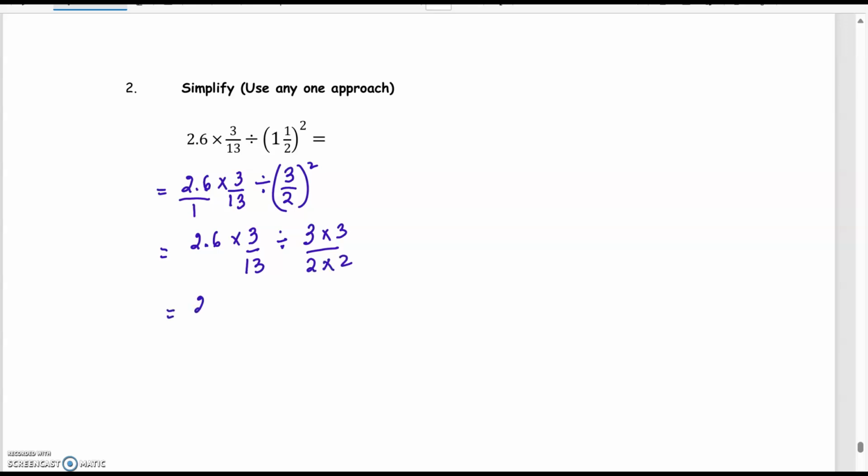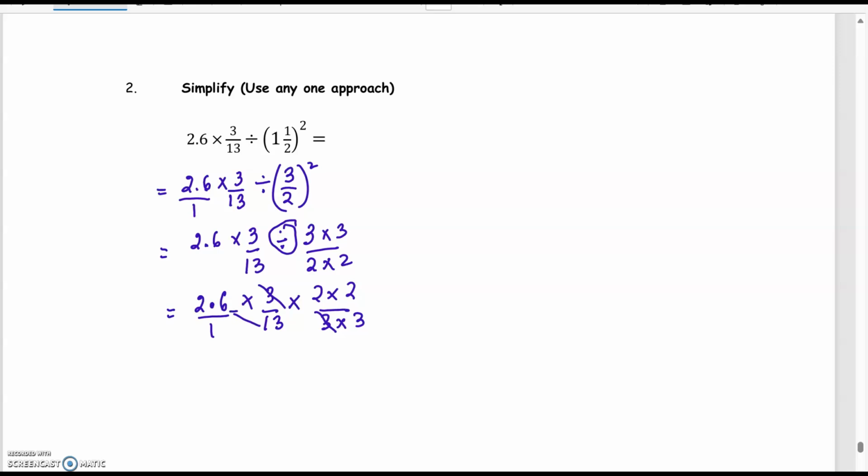So we have 2.6. Remember, that's 2.6 times 3 over 13. I'm going to change division to multiplication and write it as 2 times 2 over 3 times 3. I'm just leaving it in the factored form so I can cancel as much as I can. This cancels right away.